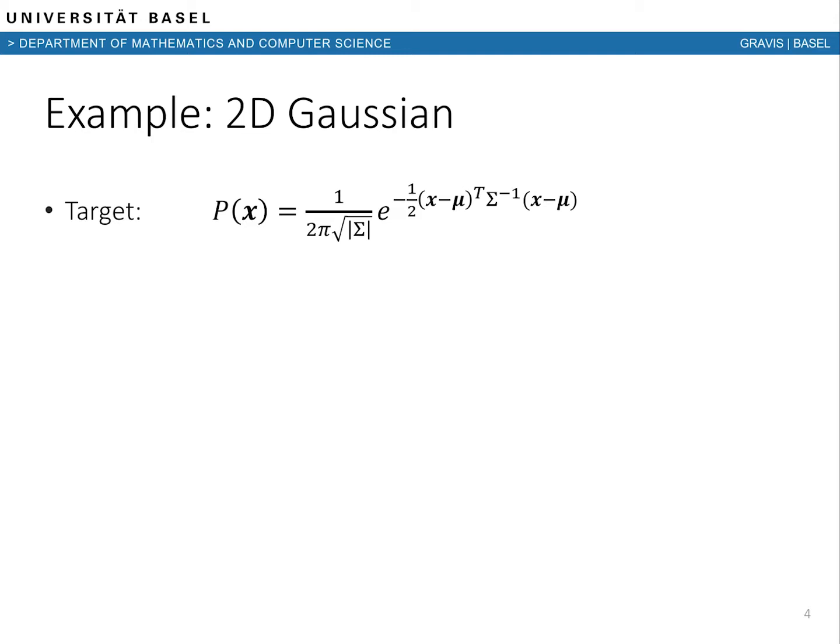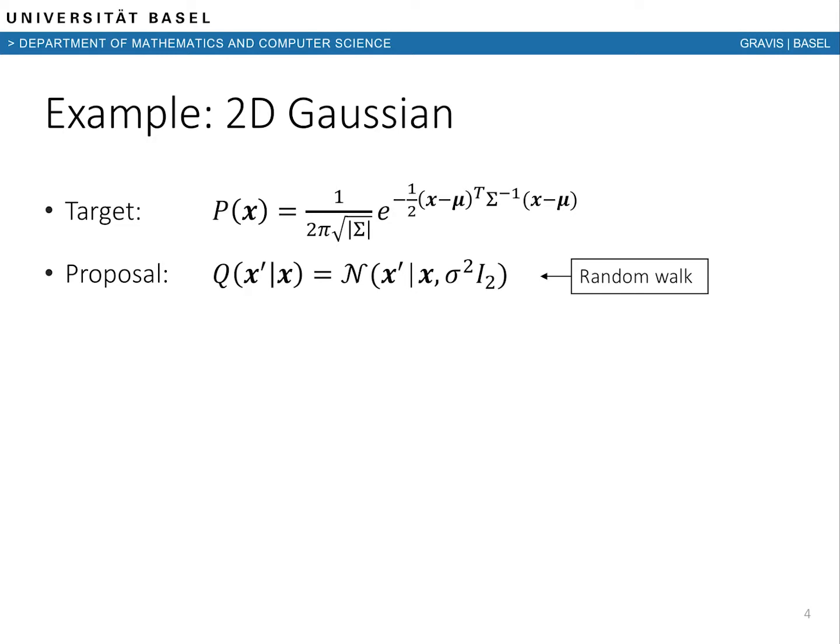In order to do that, we not only need our target distribution, but also a proposal distribution, which we would take very simply in this case just to be an isotropic two-dimensional Gaussian distribution. This kind of distribution would be called a random walk, since it is centered at our current state and just perturbs this current state randomly into any direction.